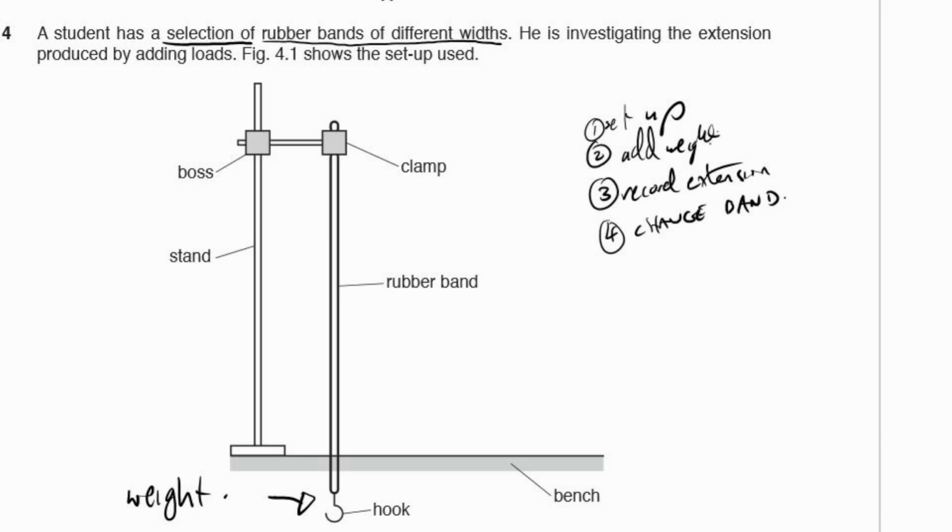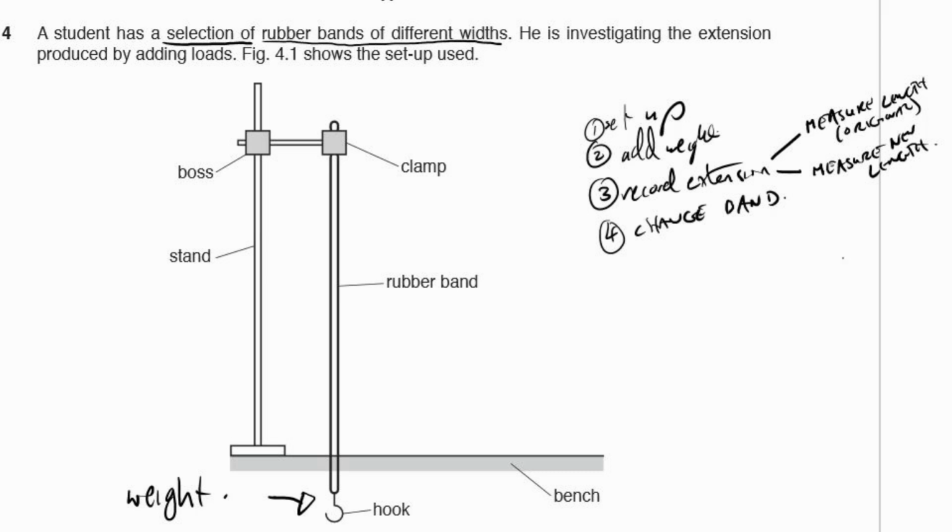Now, let's put in some key things. For the extension, I'm going to need to measure the original length. And I'm also going to need to measure the stretched length, the new length, where it's holding a load.